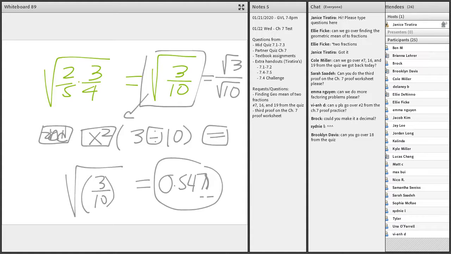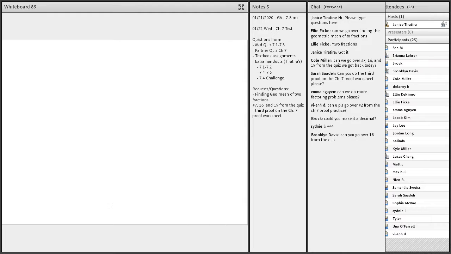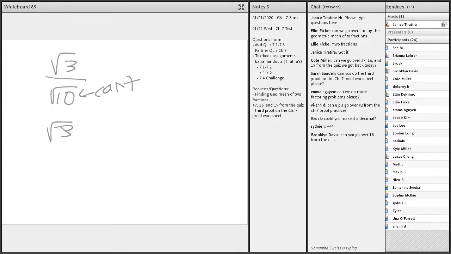But if it asks for a fraction answer, we're not done. We have rad 3 over rad 10, and we can never have a rad on the bottom. So, from Algebra 1, we're going to rationalize the denominator, which means we multiply the top by rad 10 and the bottom by rad 10.